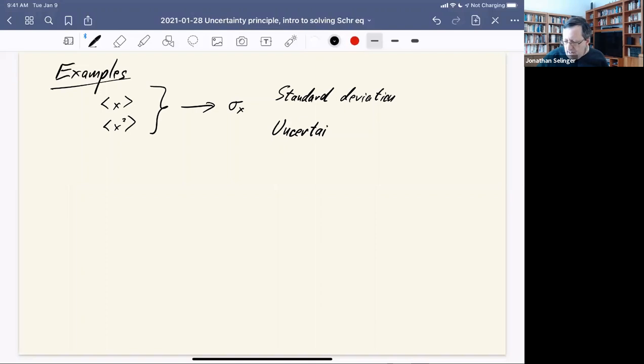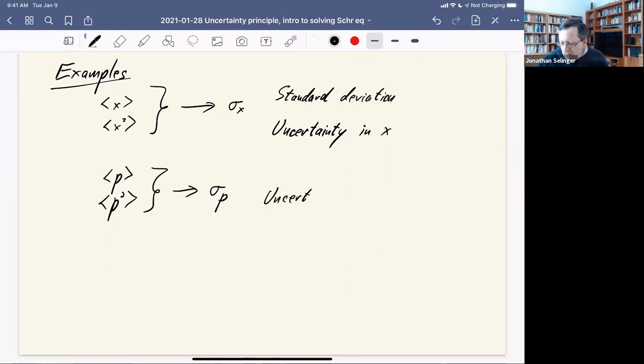And then we did the same thing with momentum: we got the average momentum and the average momentum squared, and then the standard deviation sigma p. That's something which we could interpret as the uncertainty in the momentum.